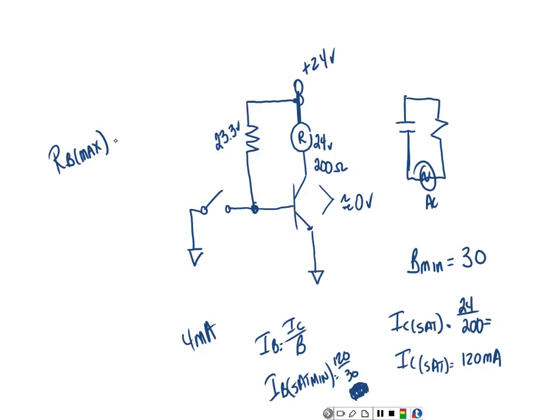So what'd y'all get for, so here we're going to say 23.3 divided by 4 milliamps. So what would be the maximum size for RB? That's the maximum? Or is that what we choose?